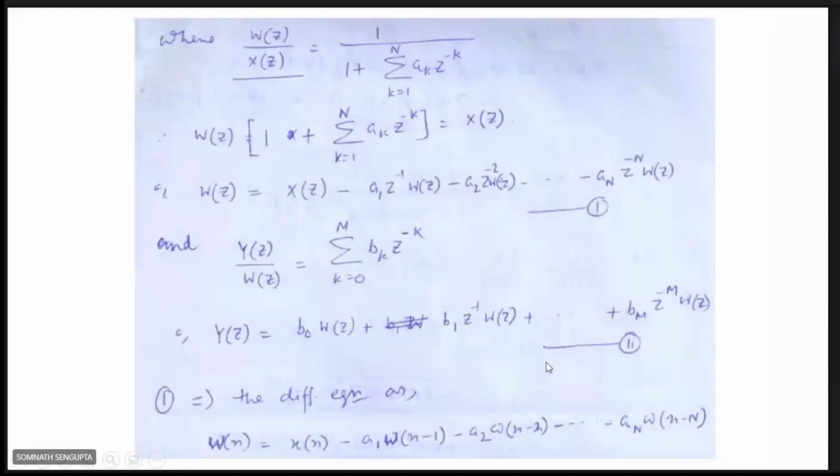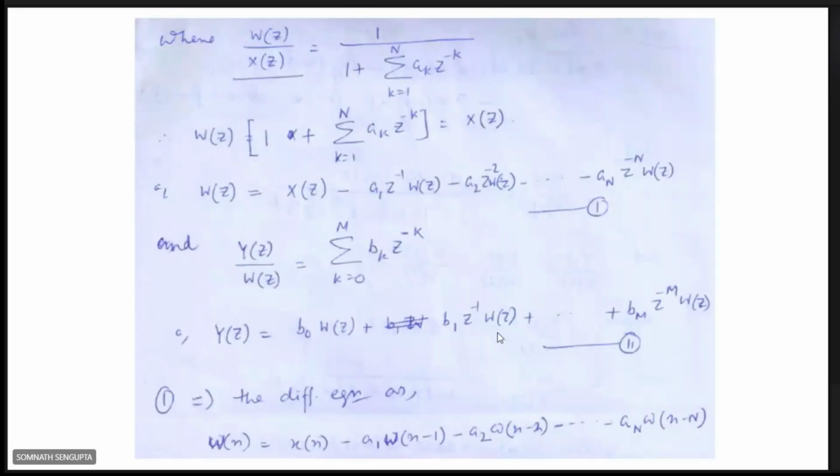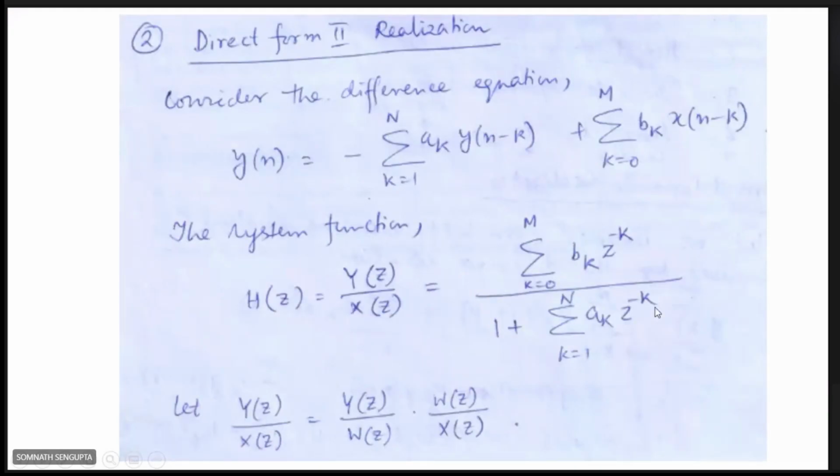So you have to represent the transfer function in this way. If you have this kind of transfer function, we separate the numerator and denominator. This is the numerator and this is the denominator.